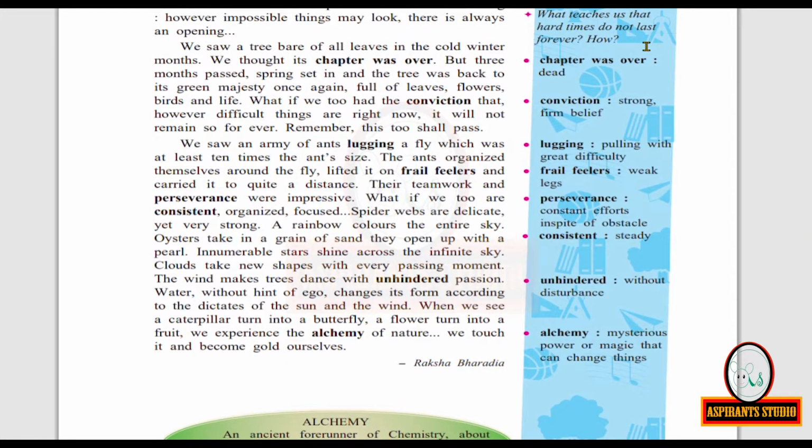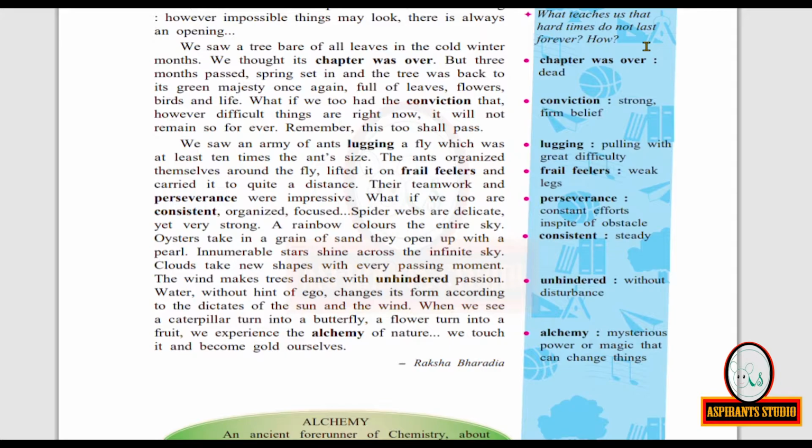Bits of grass peeping through small cracks in a concrete pavement and the green leaves on a tree in spring. The grass had been nearly destroyed by the concrete but had come to life again. The tree had been bare all through the cold winter months before regaining its former majesty.